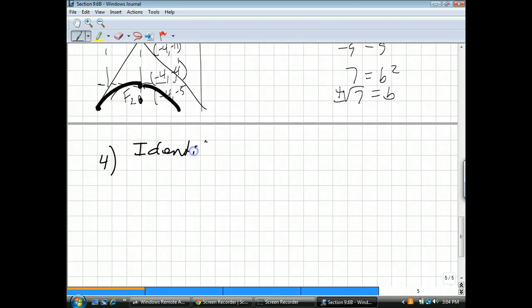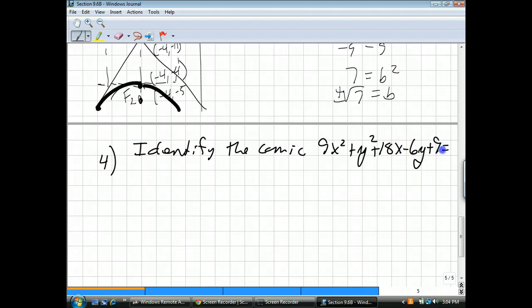Identify the conic 9x squared plus y squared plus 18x minus 6y plus 9 equals 0. That's standard form. And find its center and foci.